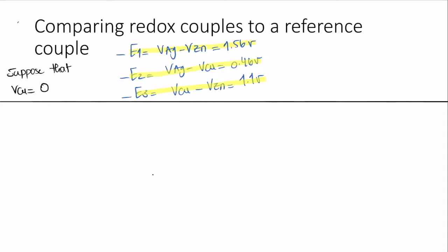Now I want to start with the Daniel cell. Daniel's cell E is equal to 1.1, so E equals VCu minus VZn equals 1.1. As we've mentioned before, the cathode minus the anode. Now this is 0. Now VZn, I was able to calculate the reduction potential of VZn, which is equal to minus 1.1.